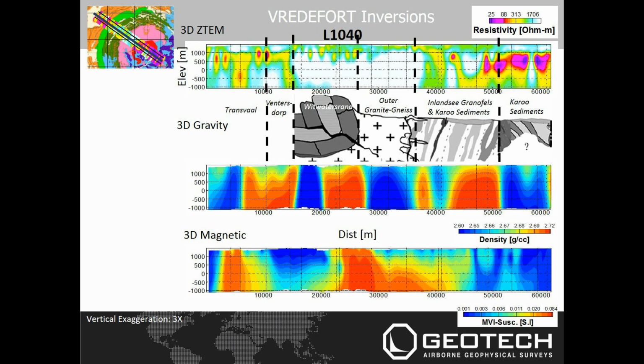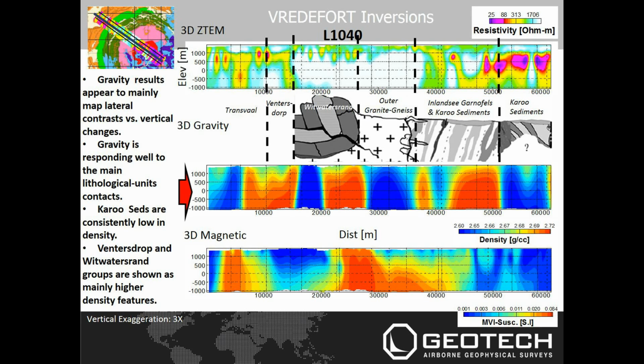As well as the amphibolite granulite transition sort of here. And we also marked the shear zone between the Karoo sediments and the granite gneiss. There are some artifacts from poor data fits in the 3D inversion. We got more than 25% error for convergence. That's because of our wide line spacing of 1 kilometer.